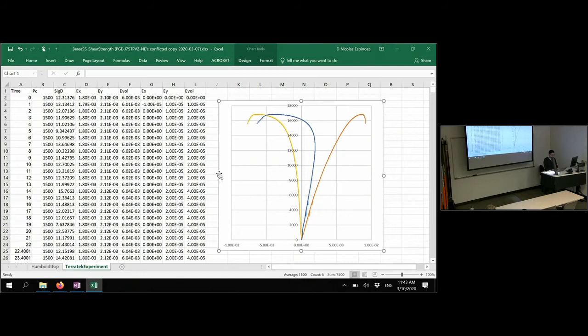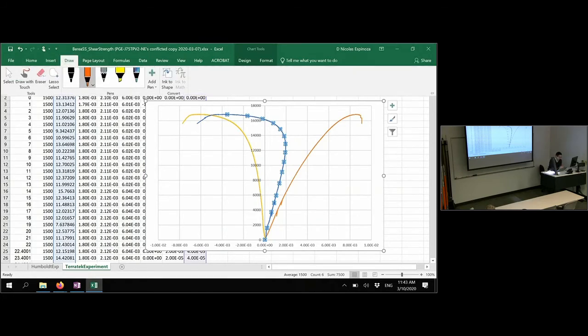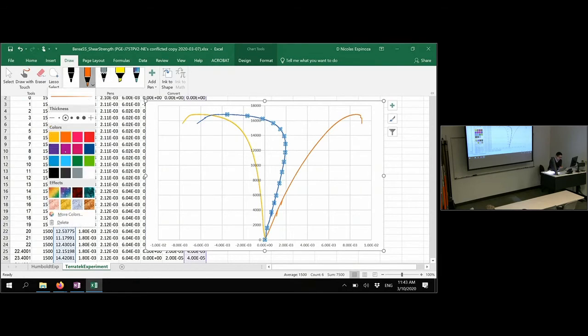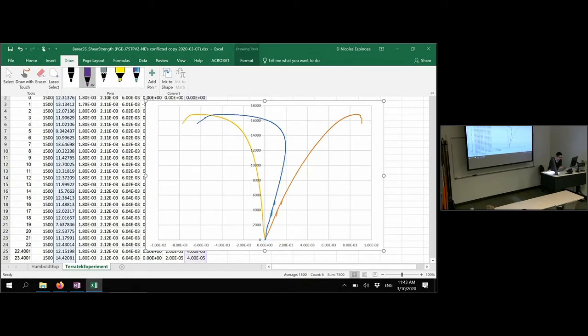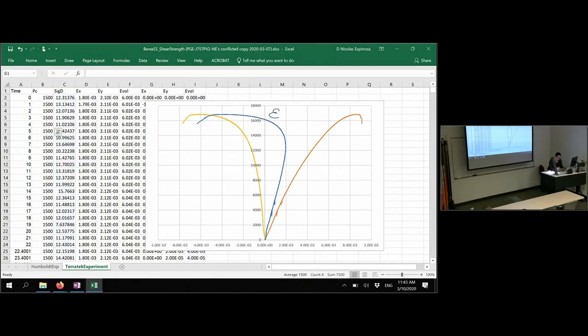Dilating? Using this graph, the blue one is the volumetric strain. Let me write that in here. This is the volumetric strain.